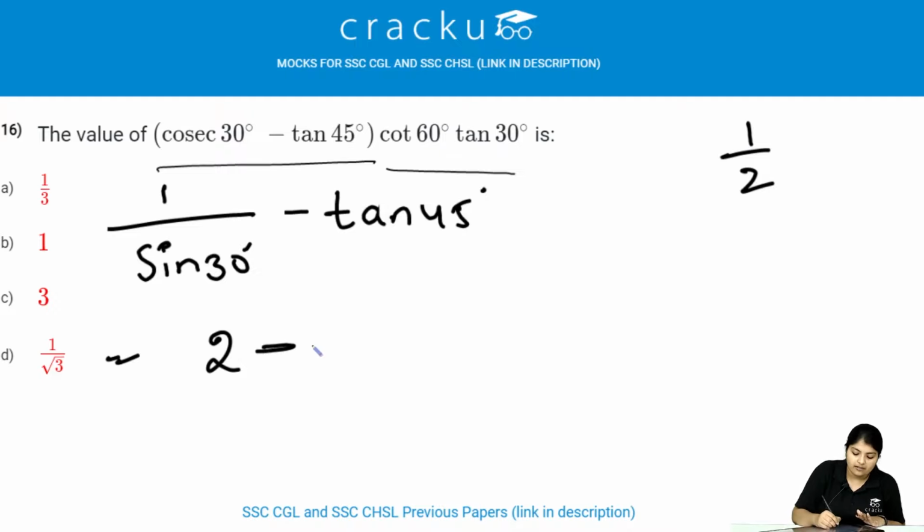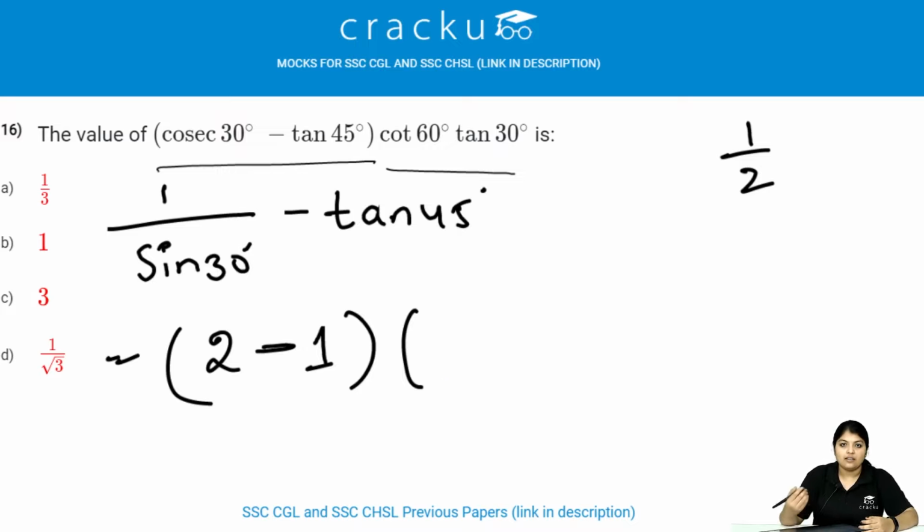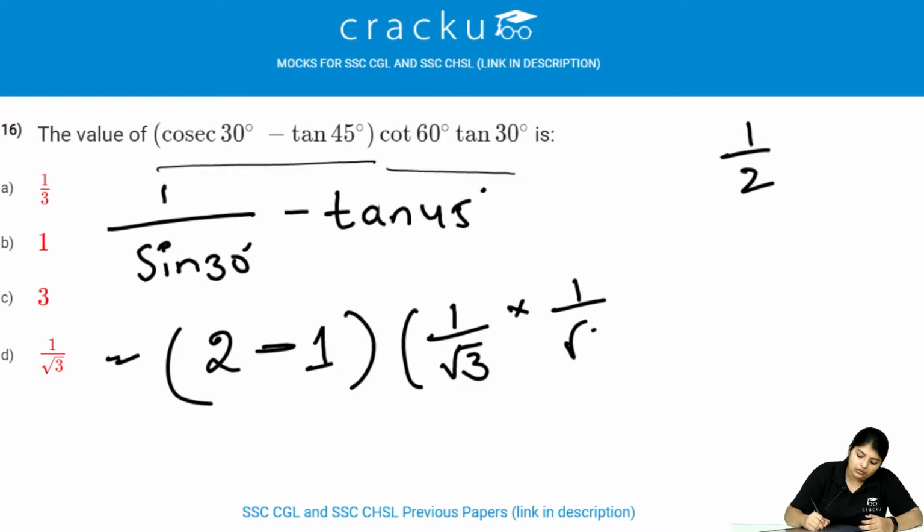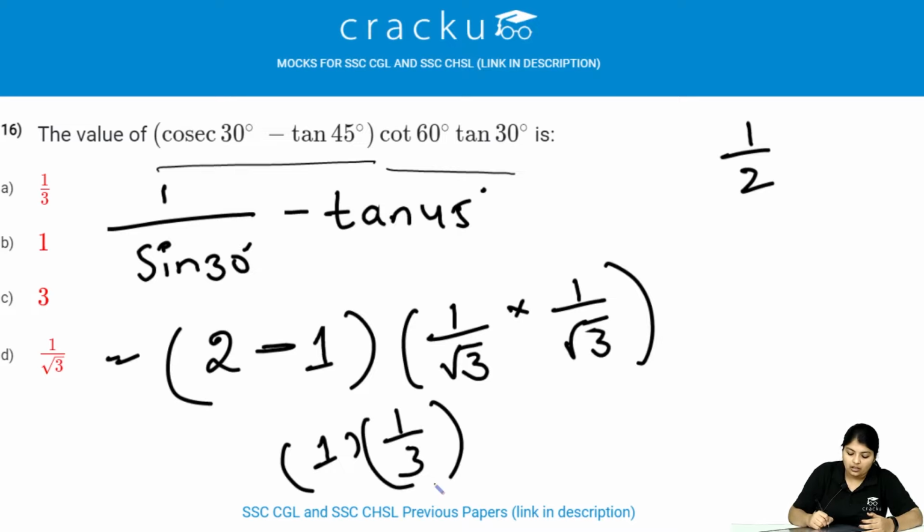Minus tan 45 is 1. So 2 minus 1 into cot 60, which is same as tan 30, that is 1 by root 3 into 1 by root 3. Solving this, 2 minus 1 is 1, and 1 by root 3 into 1 by root 3 is 1 by 3. Therefore the answer is 1 by 3.